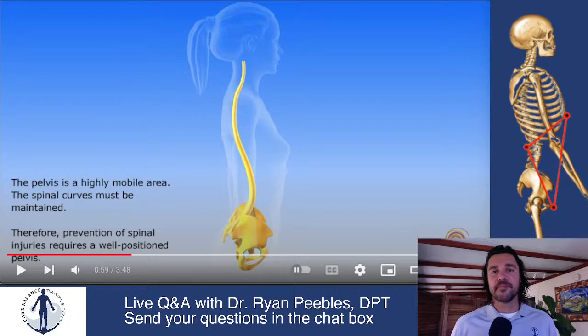And it's just some signs and symptoms. So most likely, if you have lower back pain, you have a little bit of excessive anterior pelvic tilt. One sign or symptom that indicates that your pelvis lives in that position of anterior tilt is if you're laying on your back and your legs are straight, so your knees are not bent up.